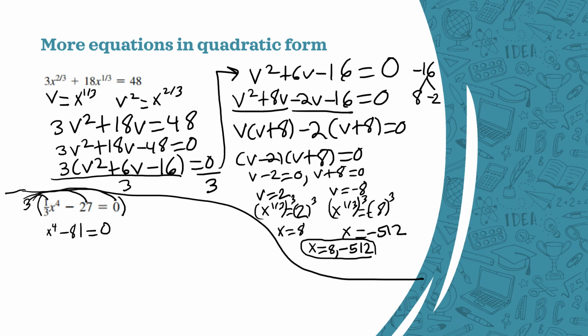Now, a lot of people would say add 81 to both sides and then take the 4th root of both sides. But the problem is, if you do that, as I mentioned before, you're going to lose solutions. You only get one solution here. So that's why you want to solve it by factoring. So this is a difference of squares.